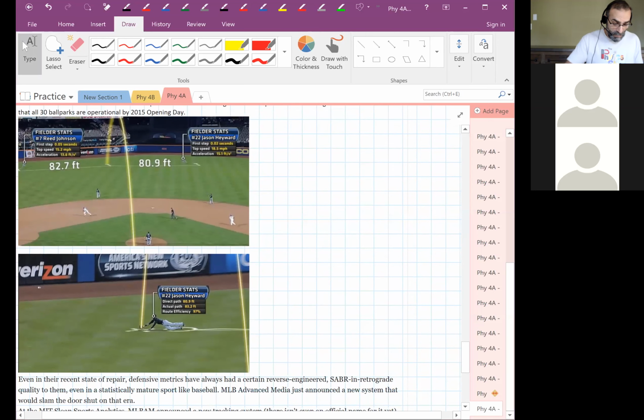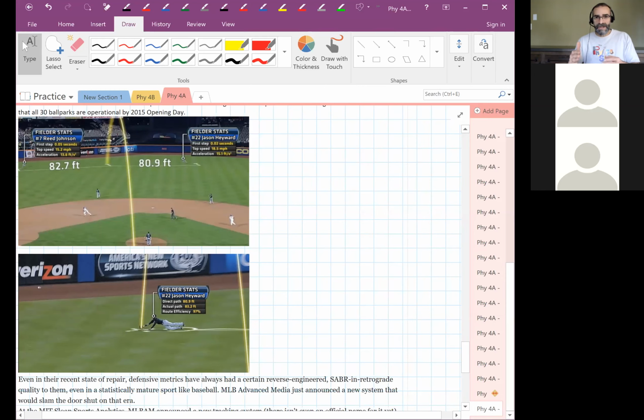But what they do, they put cameras all around the baseball stadium, filming the field. And these cameras are taking pictures, and computers are analyzing where things are, where the ball is, where the players are, everything.